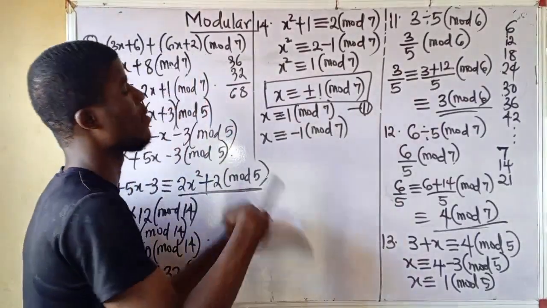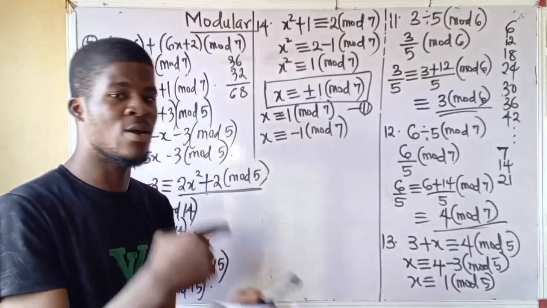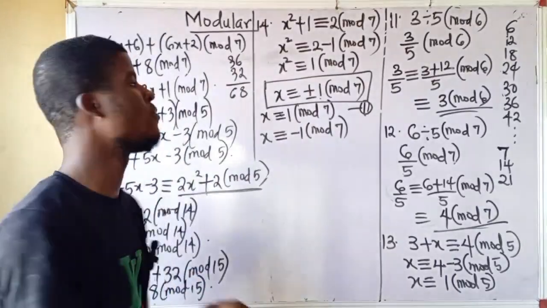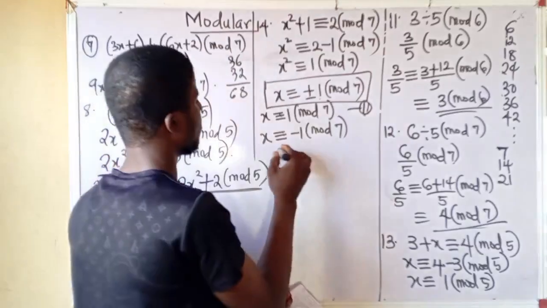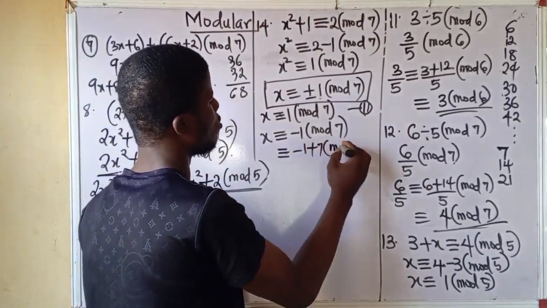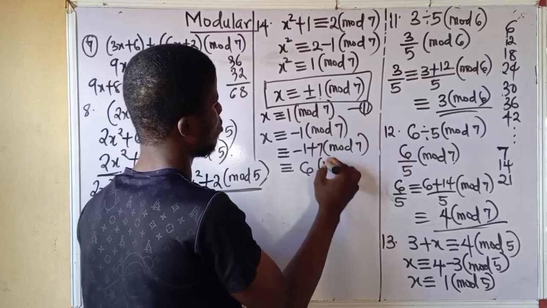So what I'll do is to reset minus 1 by adding the multiple of 7 that is immediately greater than 1 to minus 1. And that multiple will be 7 itself because 7 is bigger than 1. So this will be minus 1 plus 7 modulo 7. And that is actually 6 modulo 7.